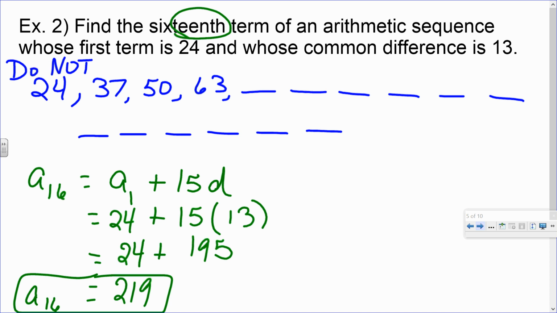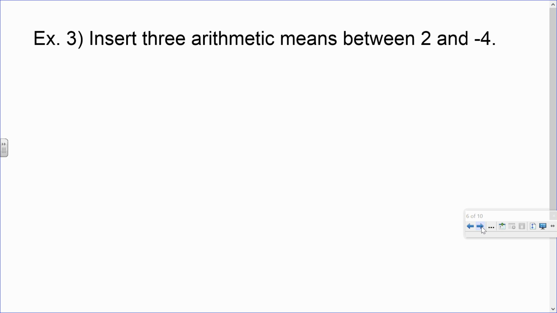Okay, let's try this new thing now with arithmetic means. So this says put 3 arithmetic means between 2 and -4. So I'm going to have 2 and I'm going to have -4, and I need to figure out 3 numbers to put in between there so that they are all evenly spaced with this arithmetic progression kind of a pattern.